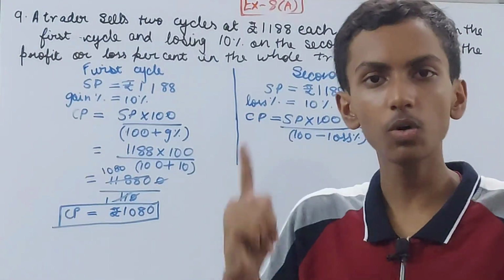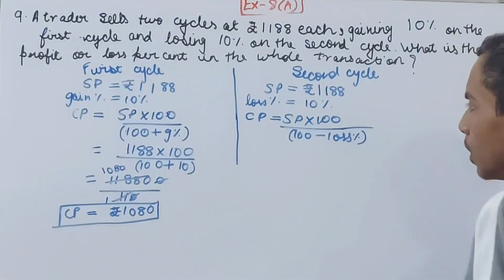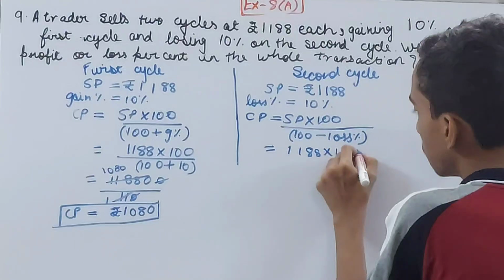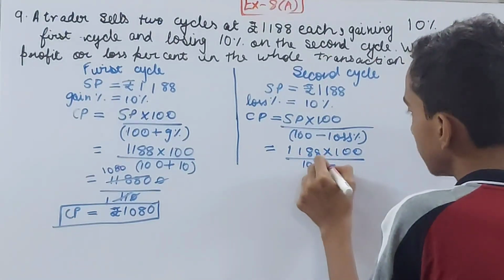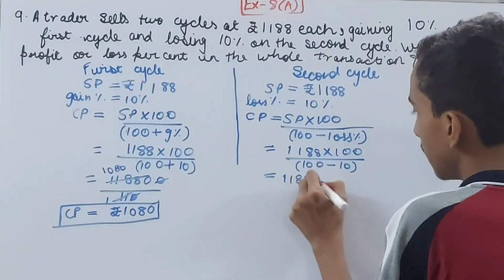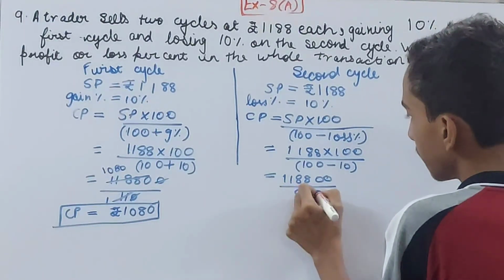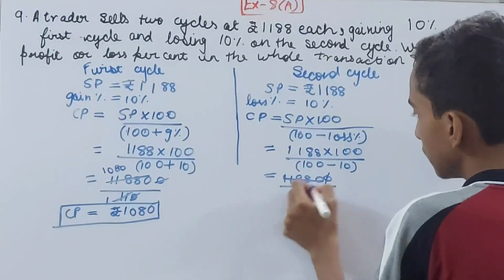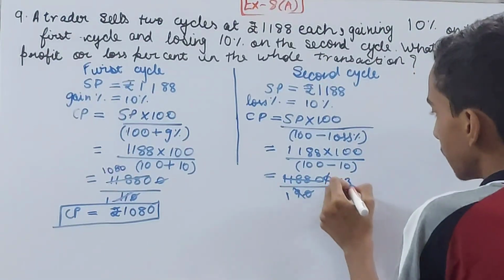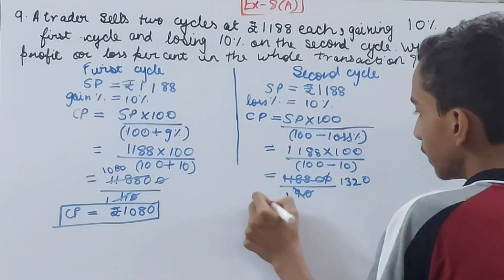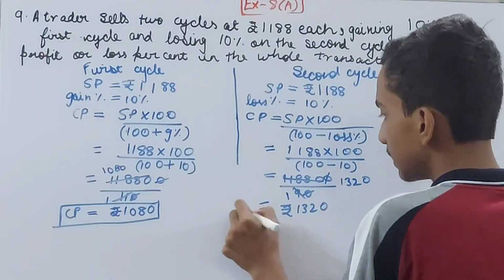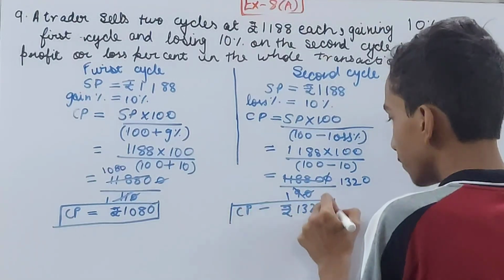When loss percent is there, you always subtract it. So 1188 into 100 upon 100 minus 10, so 118800 upon 90. Cancel this by 9, and we get rupees 1320. This is the cost price of the second cycle.